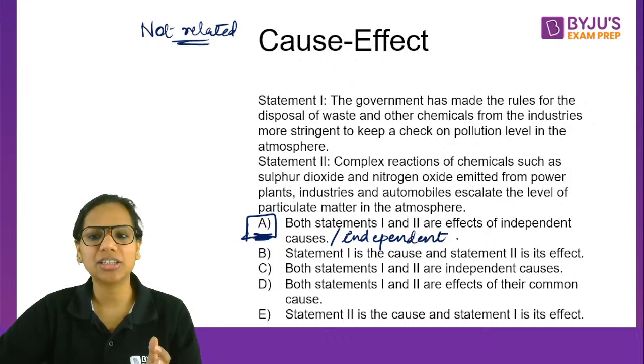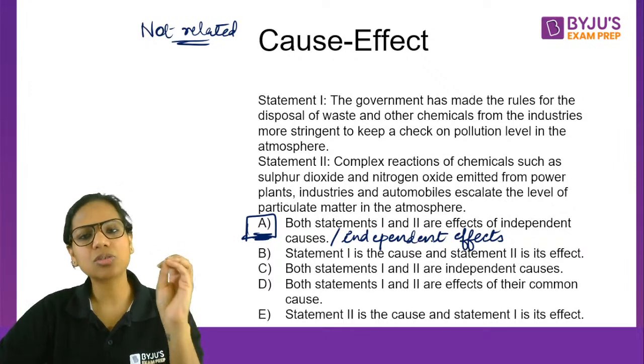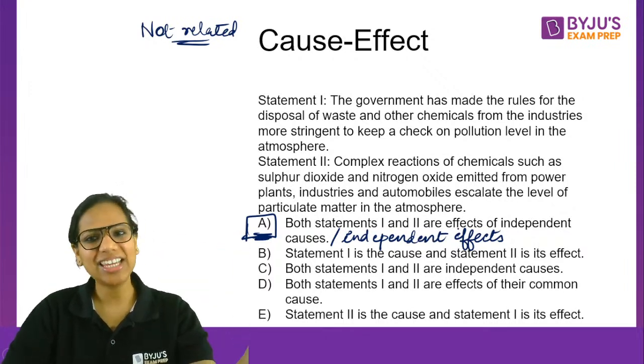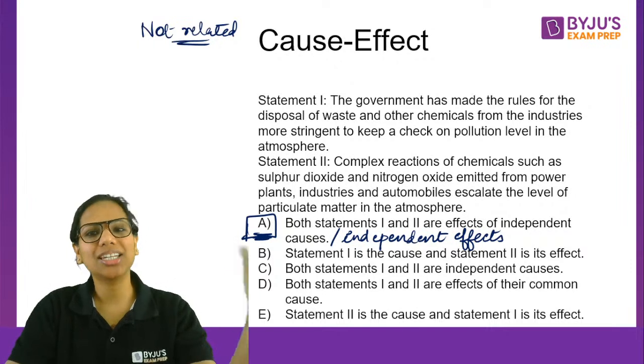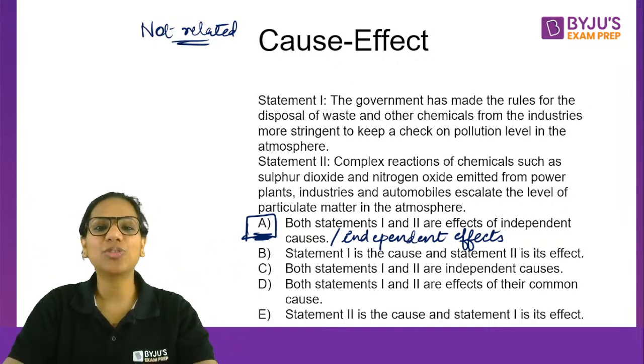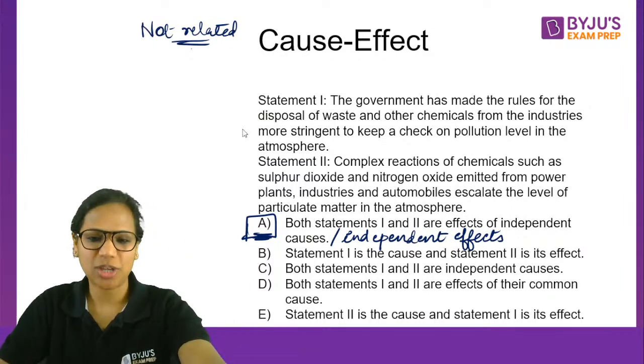Just two ways of writing the same thing. Then this is always going to be your answer, in 99.99% of the cases, because it's very difficult to frame two unrelated statements in such a way that they look like causes. That's what I was saying.